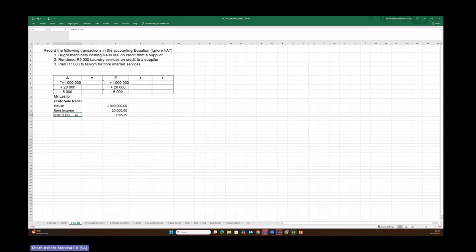It's all about, is it cash or is it on credit? I think that's very, very important. It can get you far in accounting, just understanding that, is it cash or is it on credit? Somewhere ahead we will deal with it, I think when we are doing the bank recon.